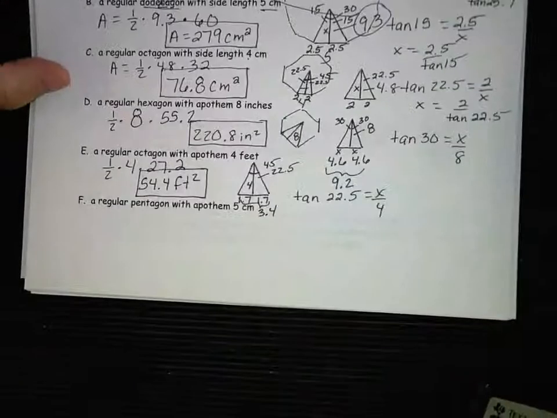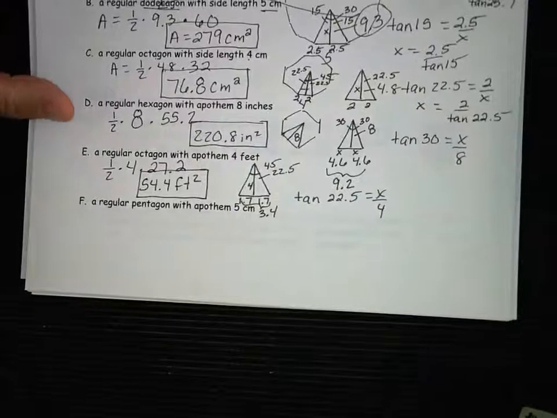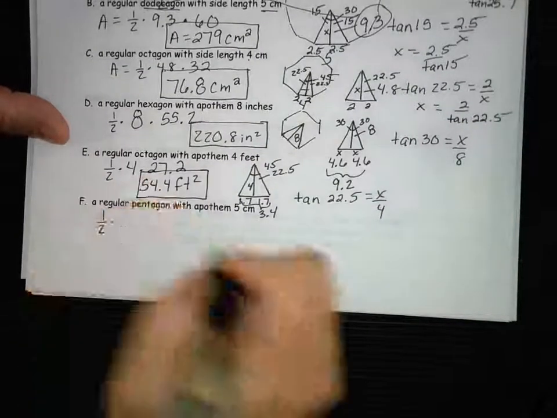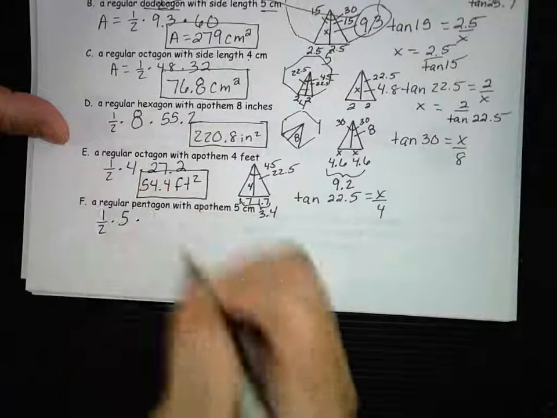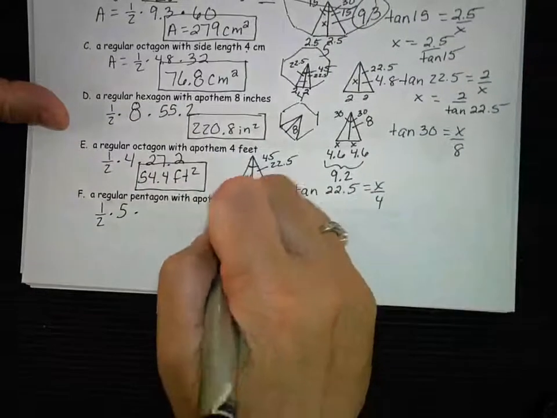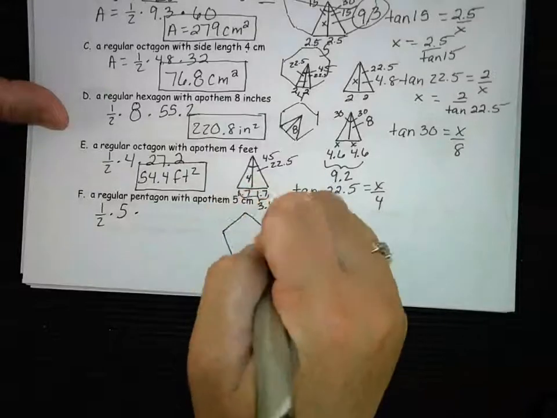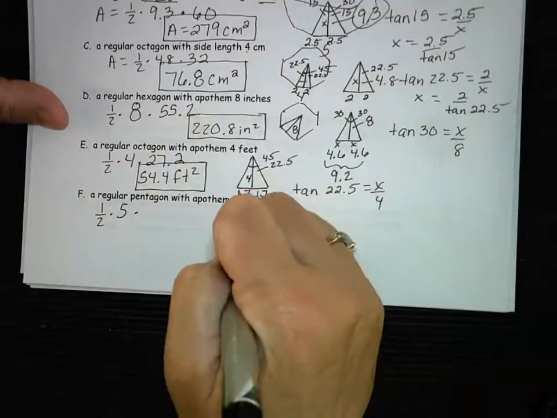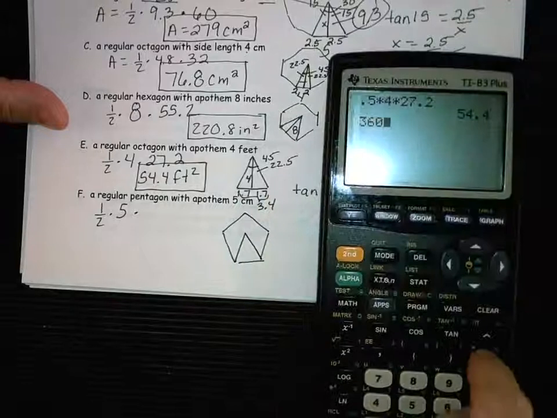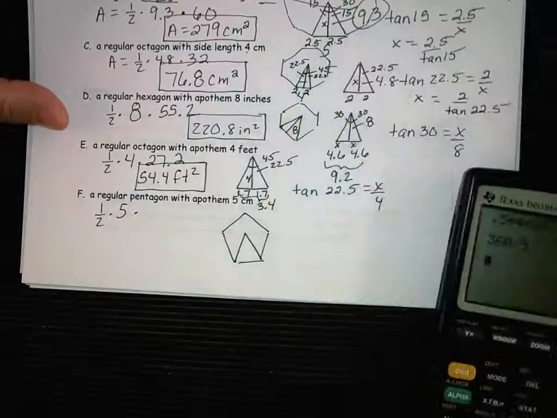And the last one, regular pentagon with an apothem of 5. So we can do 1/2 the apothem. We need to use some trig to figure out our perimeter. 5-sided figure. 360 divided by 5 is 72.